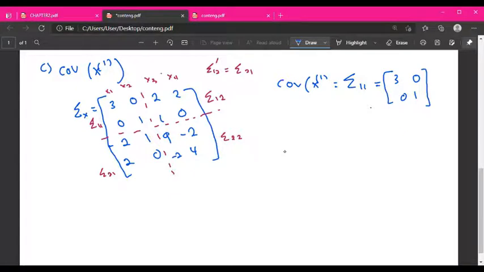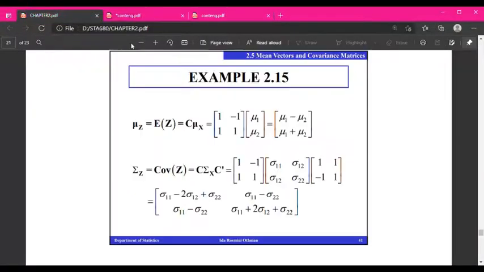Okay, covariance. The next one, soalan D. Covariance of AX1 pula. Okay, tengok balik formula macam mana nak cari covariance of AX1. So, it will be A multiply dengan big sigma 1, 1 multiply dengan A transpose. Okay, right? Using this formula.